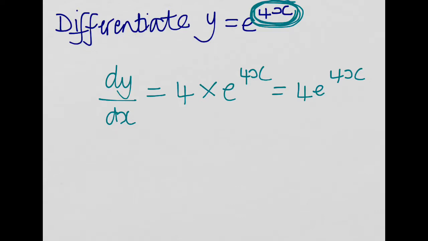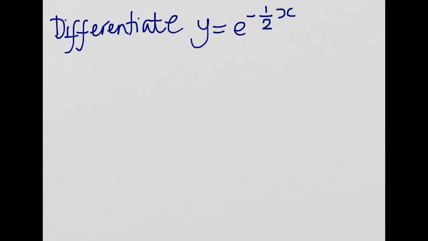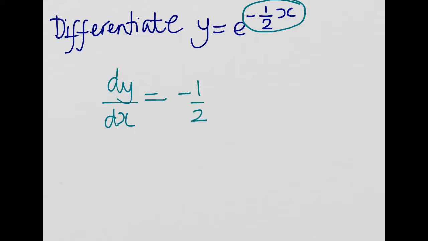So moving on to the next one. Here we've got y equals e to the minus a half x. So what part is the exponent? This part. This is my exponent. So dy by dx is equal to, if I differentiate that, minus a half e to the minus a half x.